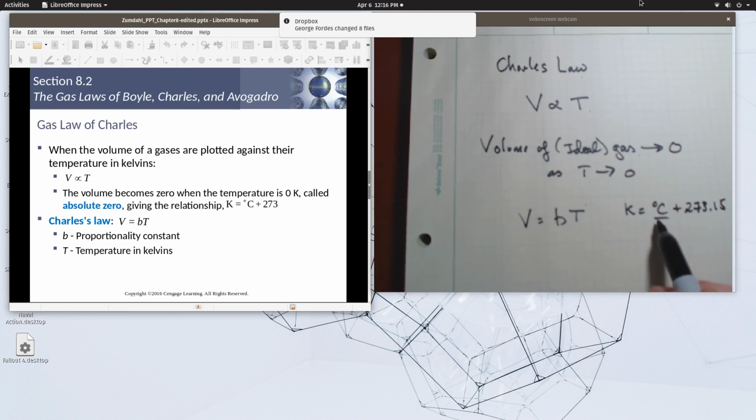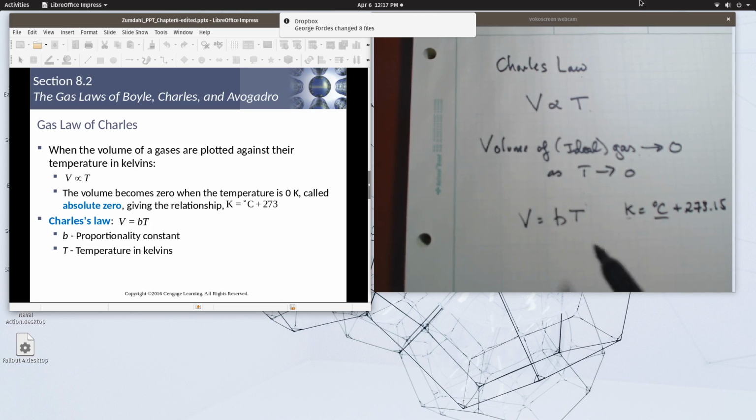So a change of 1 degree Celsius is equal to a change in temperature of 1 kelvin. Changing the temperature by 1 degree Celsius has the same effect as changing it by 1 kelvin. It's a linear 1-to-1 relationship. The size of the centigrade degree is the size of a kelvin.